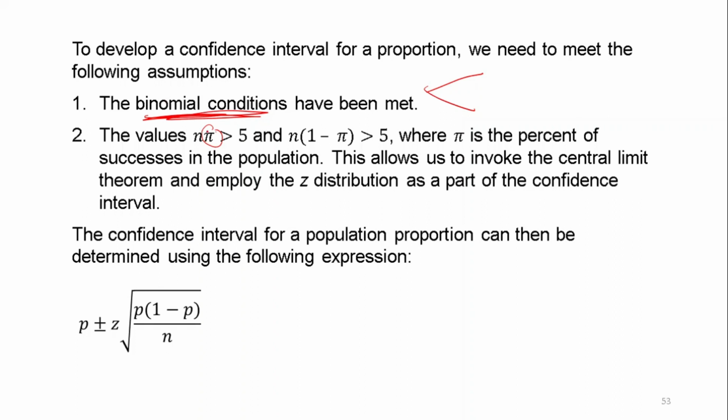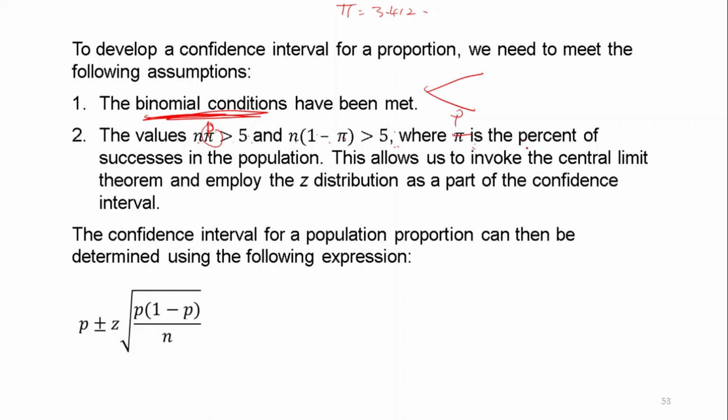Actually you need to replace this term with p, because pi already has a value in mathematics, so it's not suitable to use the symbol pi here. So np must be greater than 5, and n(1 minus p) should be greater than 5, where p is the percent of successes in the population.